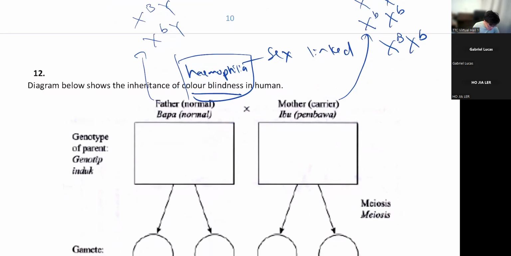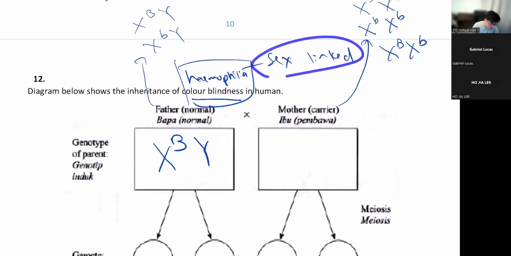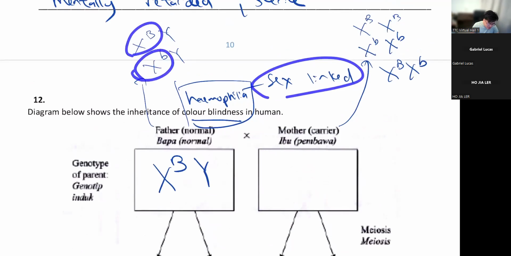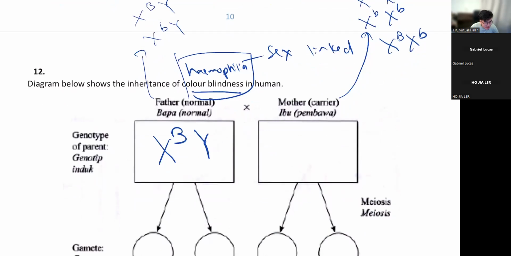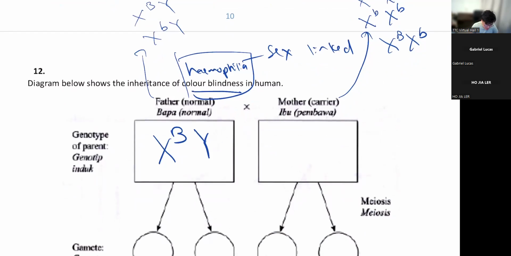I think we did this question before, right? So if your dad is normal, for sure he is dominant. Why do we call it sex-linked disease? Because can you see all the colorblind gene is carried by your X? Y doesn't carry anything. So mother, since she's a carrier, so big, small.